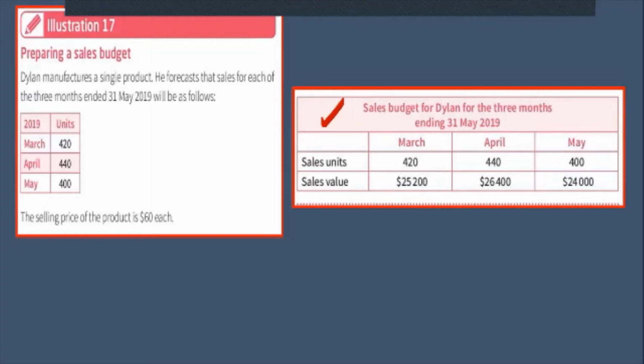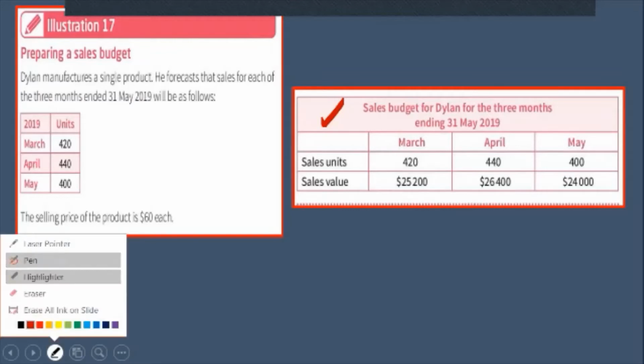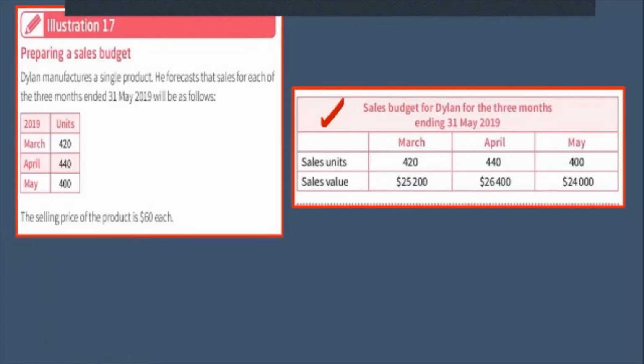So we could have a line here saying multiply by 60, in the middle of these two.